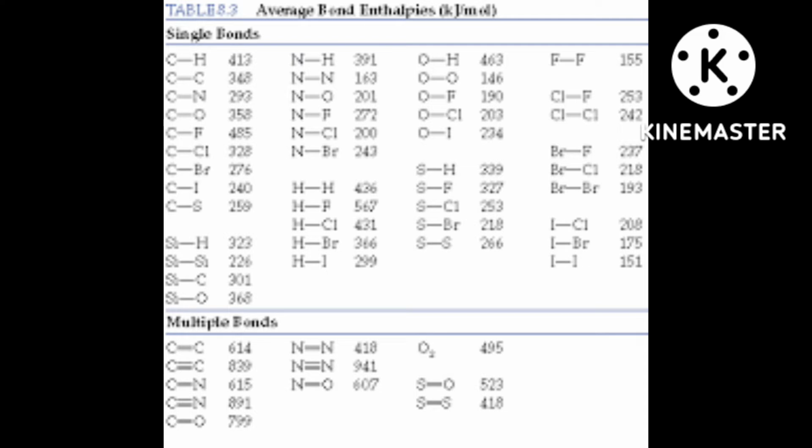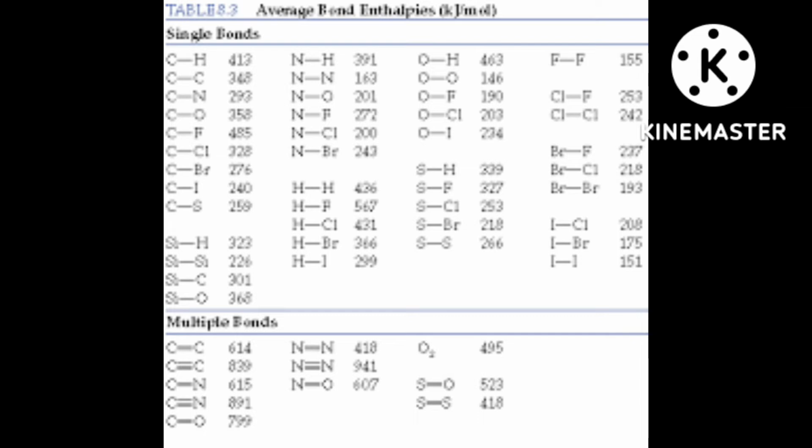It is possible to relate heat of reaction to the change in energy associated with breaking and making of chemical bonds. The important thing here is correlation, meaning you can relate. What will you relate?